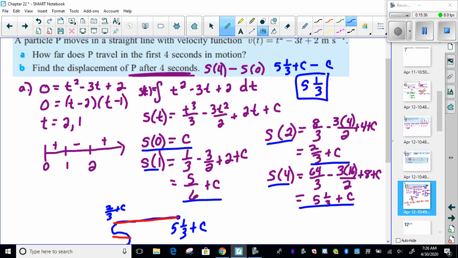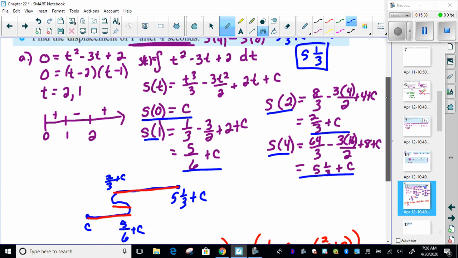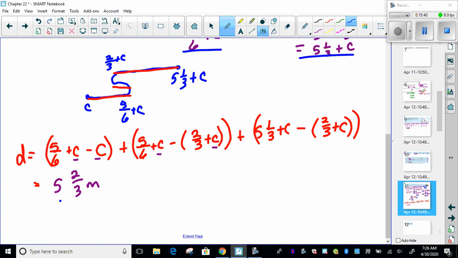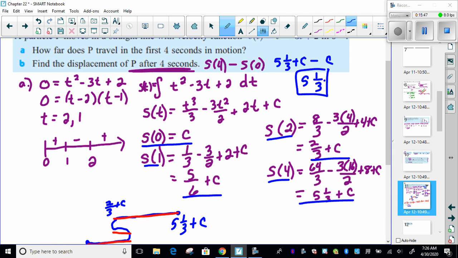I don't think I have a label, so units. Versus my total distance traveled is 5 and 2/3. Oh, maybe it's in meters. Yep, it's in meters. So my total distance traveled was an extra third of a meter. Not a big difference, but it is a difference.